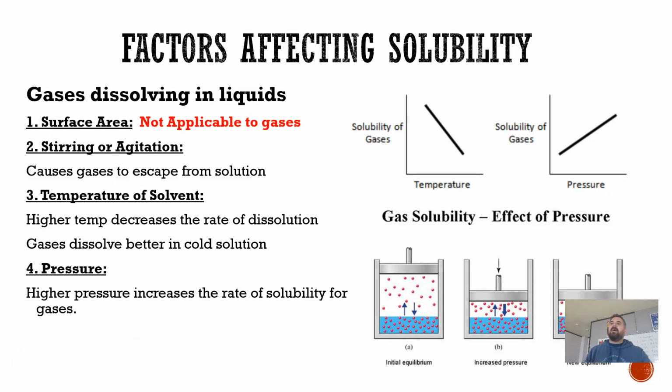Next up we have factors that affect solubility for gases. What you're going to notice is it's basically the opposite here. First of all, surface area is not applicable to gases. Why does surface area not matter for gases? Do gases have exposed surface area?